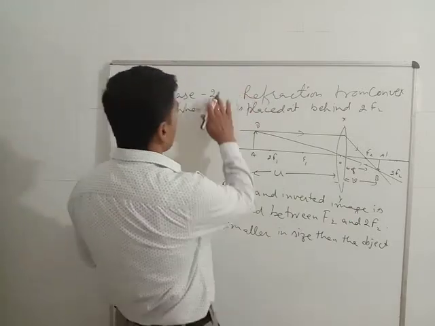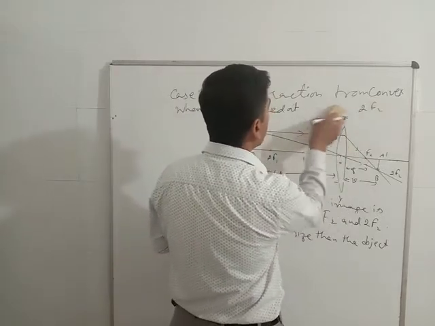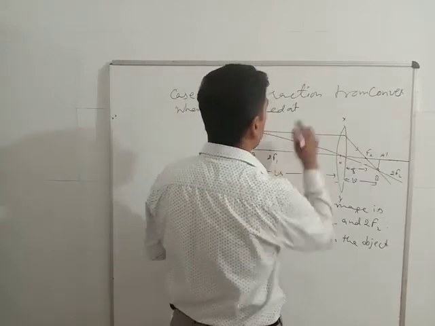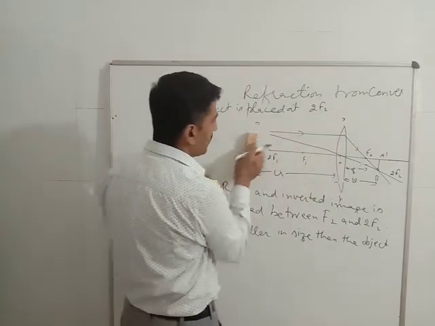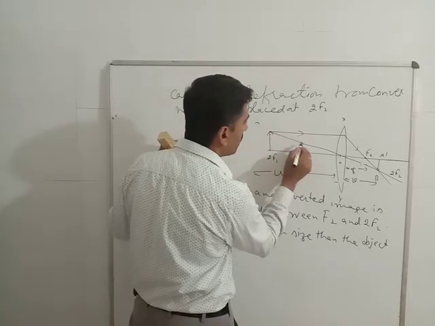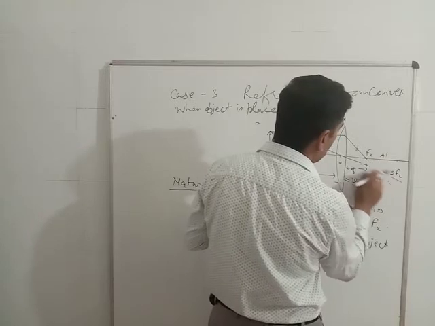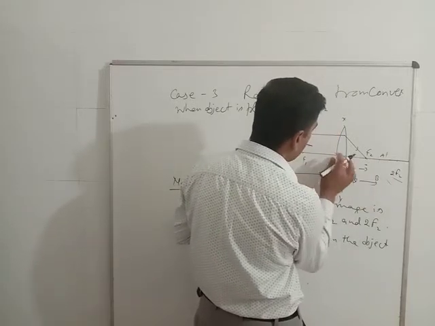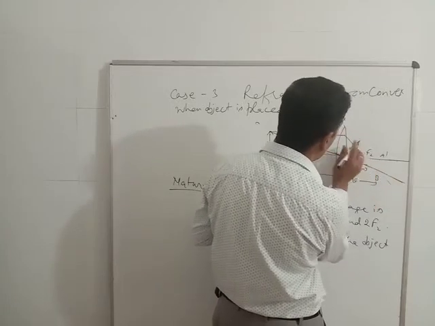So third case, when the object is placed at 2F2. So what you will do? You will pass a ray from here to here only, and the other ray of light will pass from here, and you will see that the rays of light will meet. When the ray of light passes through the optical center, it will meet a little farther away.